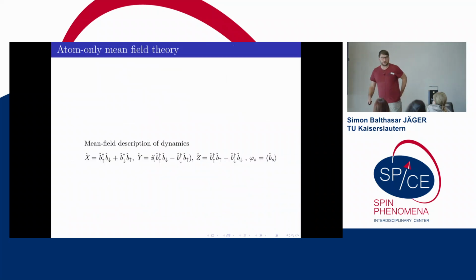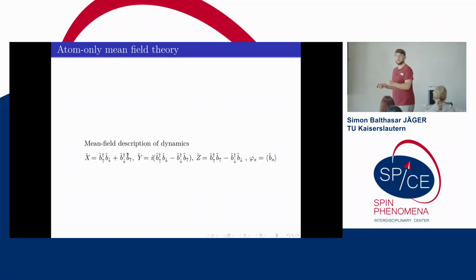Okay, there's also something else. Of course, one can now try to also study some physics doing an additional approximation. This additional approximation is a mean field description. And I do a mean field description in a slightly different way than you have probably seen before. Instead of studying spins, I transform those collective spins, x, y, and z, into Schwinger bosons.